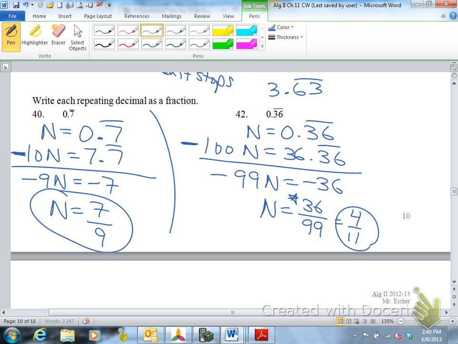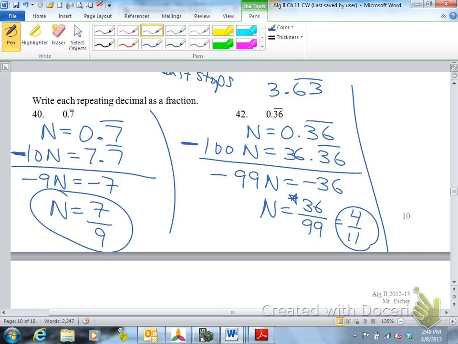But the main thing is to notice the relationship, 36 over 99. If you notice the pattern, when you have one decimal that repeats, 7 that keeps repeating, you have 7 over 9. When you have 2 numbers that repeat, 3, 6, 3, 6, you have 36 over 2 9s.